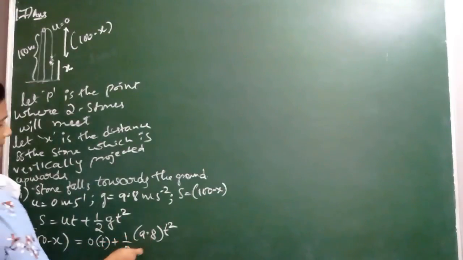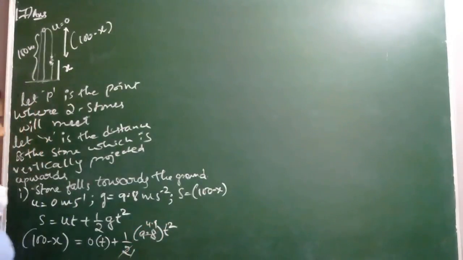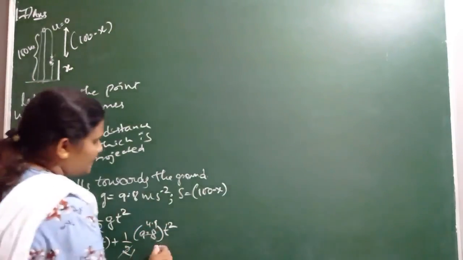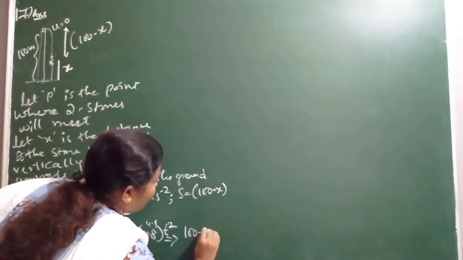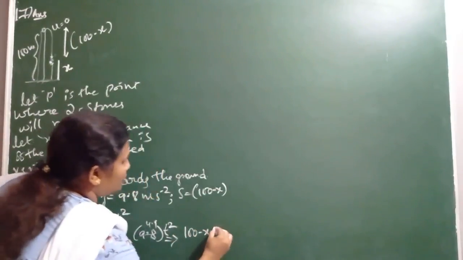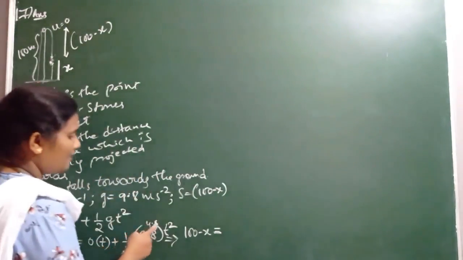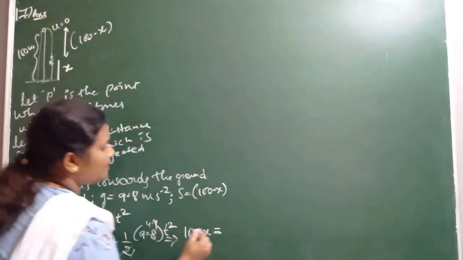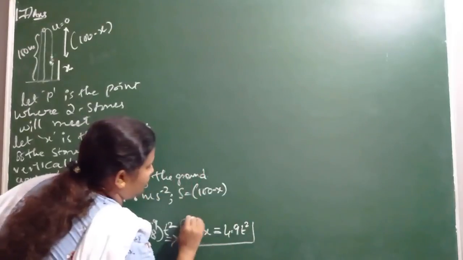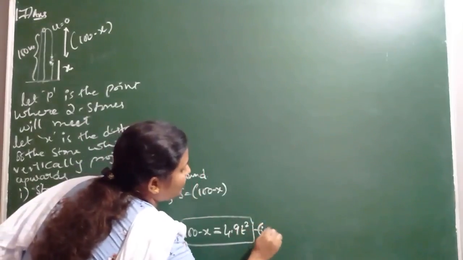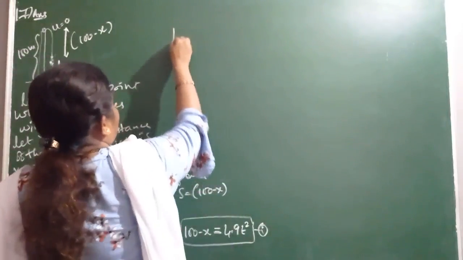So, now this becomes half of 9.8, that is 4.9 t square. So, 100 minus x is equal to, because 0 into t is nothing but 0 only, then 4.9 t square. This is what? Equation number 1.